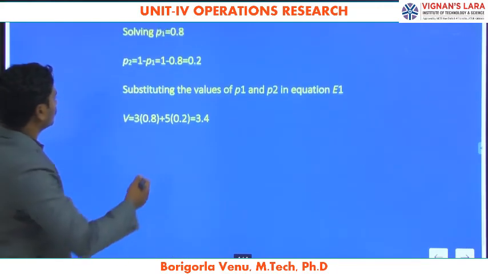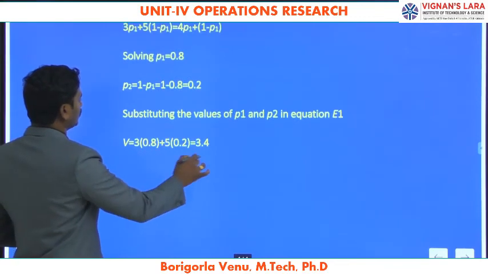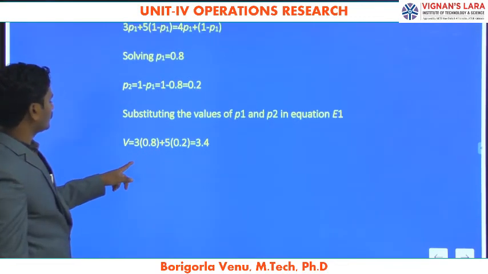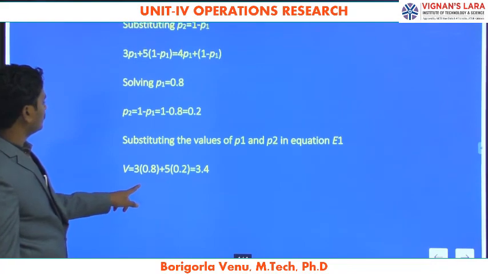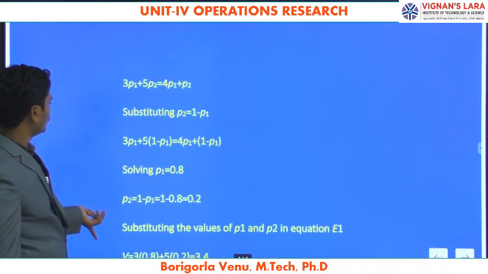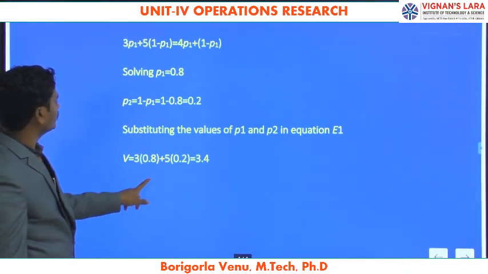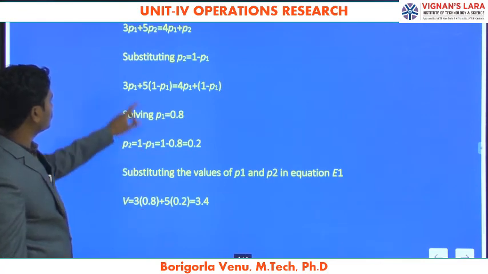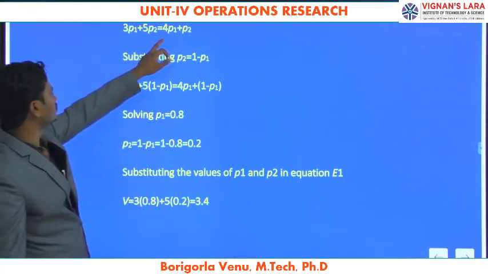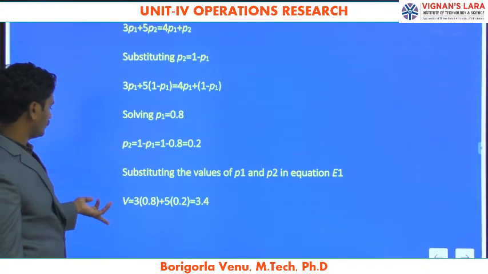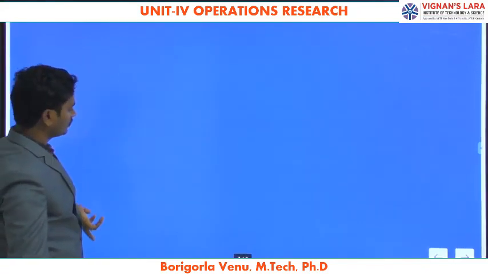From this P1 and P2, we are going to calculate the V value. Okay, this is our V. The game is over. At the top line, 3P1 plus 5P2, in any one equation we substitute the P1, P2 values from these two. After this we get the V value. Okay. Thank you.